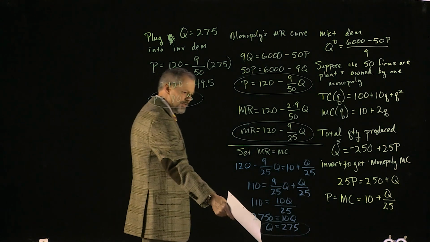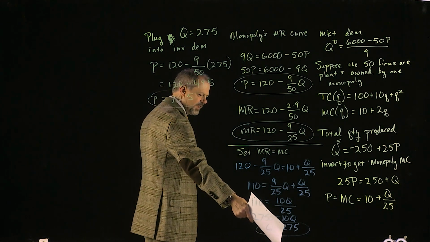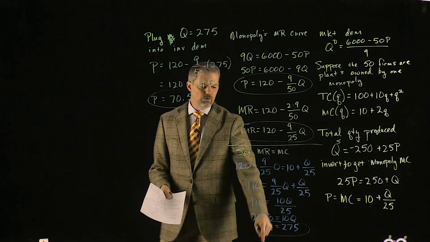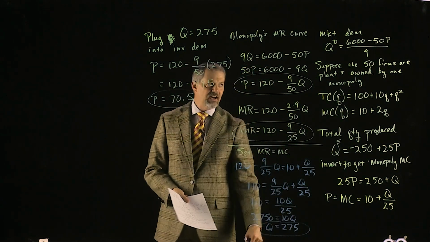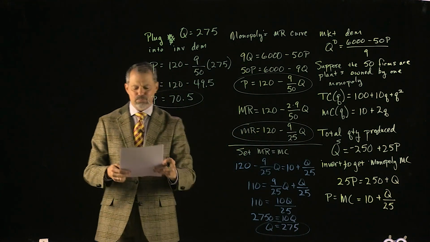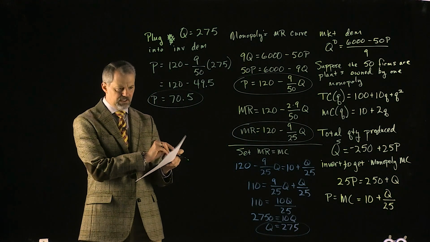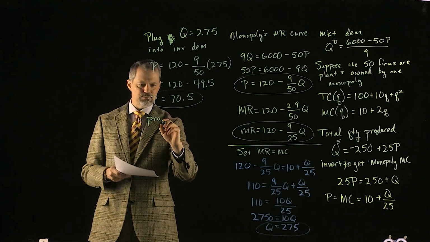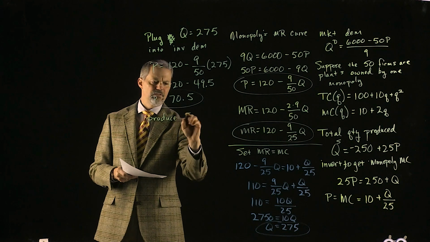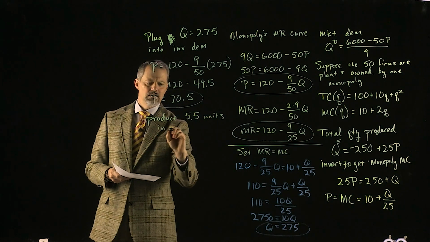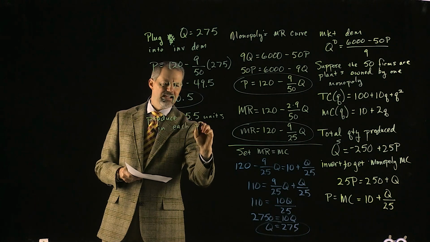Now, the monopoly is going to produce 275 units, but it's got 50 plants. So if we divide 275 by the number of plants, that tells us how much it's going to produce in each plant, and that will be 5.5 units in each plant.